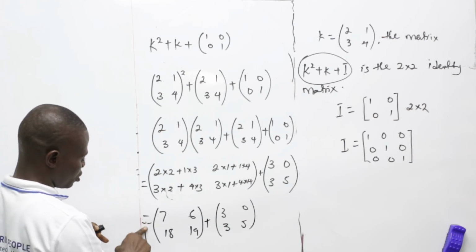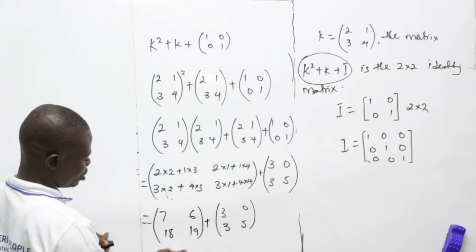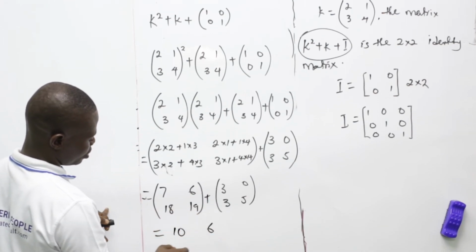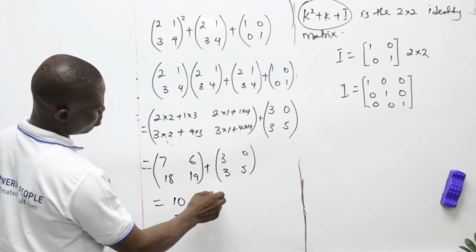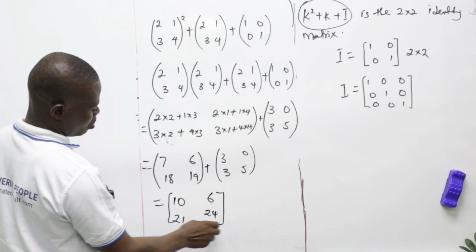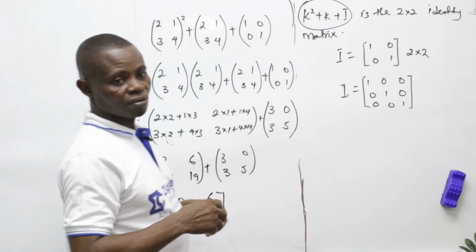To give us this plus this. That's 10, 6, 21, 24. So you are done solving.